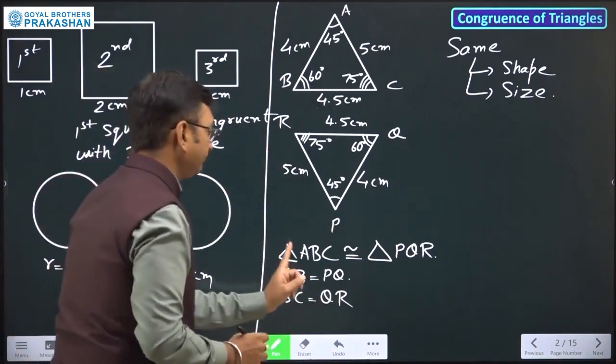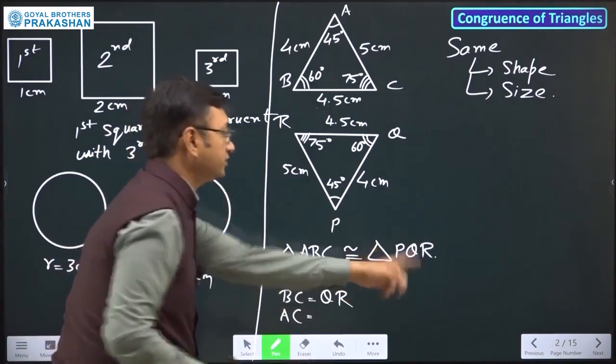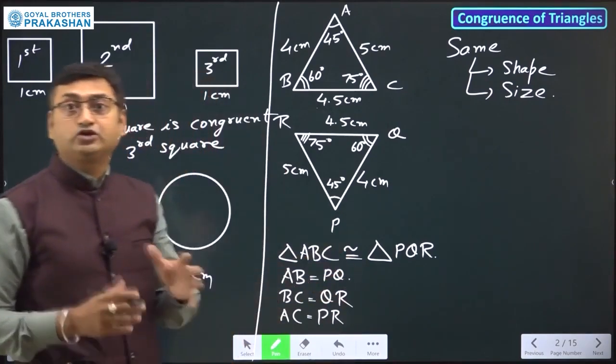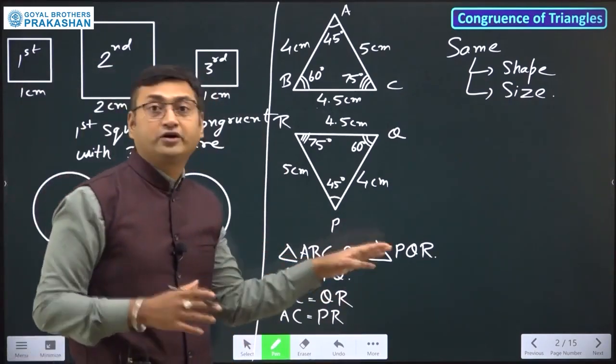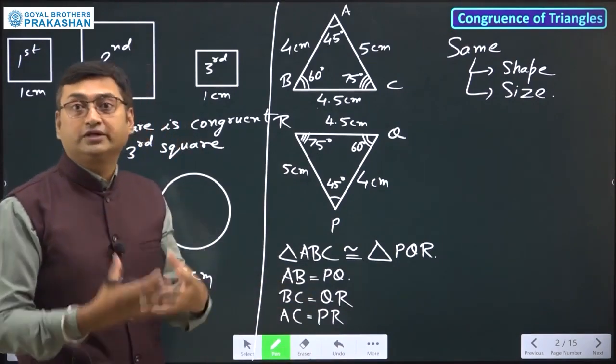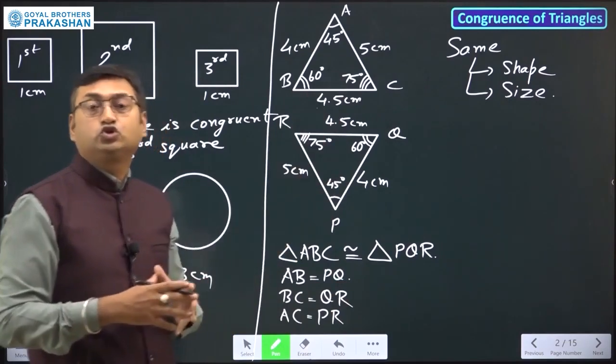Now I am taking first and last, that is AC, so here also first and last, that is PR. If you choose the correct letters for writing congruency of triangles, it will be very easy for us to understand which parts are congruent to each other in the given two triangles.